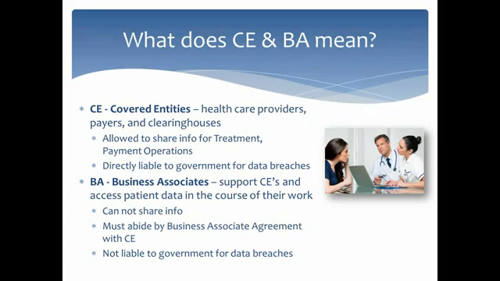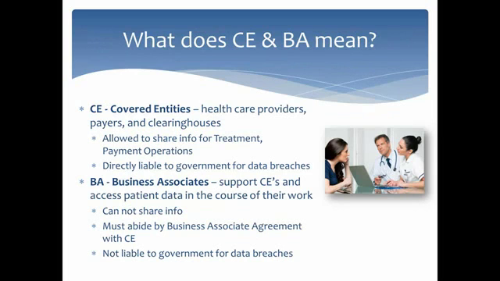So until now, business associates have not been liable to the government for data breaches. Essentially, their responsibility was back to the covered entity that they were working with. If there was a data breach by a business associate, the business associate would report the data breach back to the covered entity.